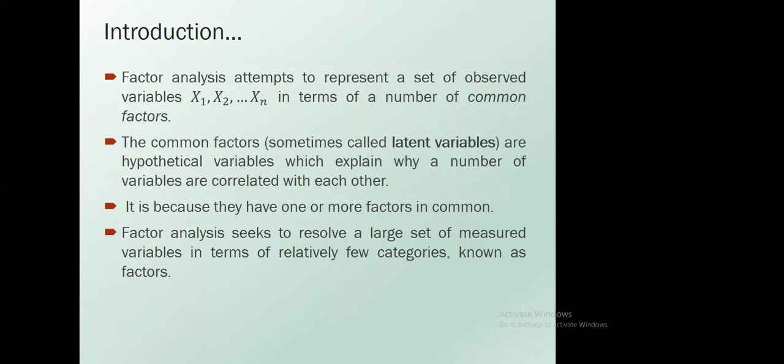So you have a set of variables which you are using to assess whether an individual has depression or not. There are, say, 15, 20, 25 variables. With the help of factor analysis, you can easily find out the underlying or hidden structure of that data, which is not clearly evident from the set of variables that you have.